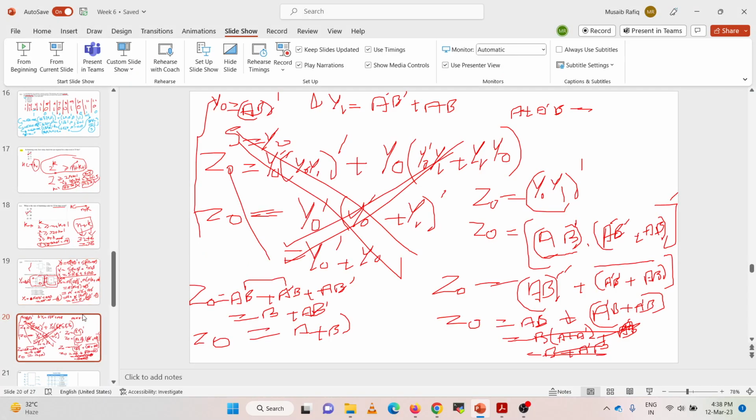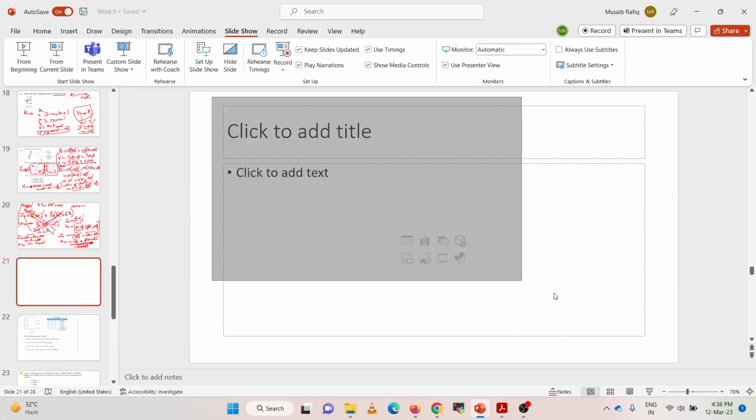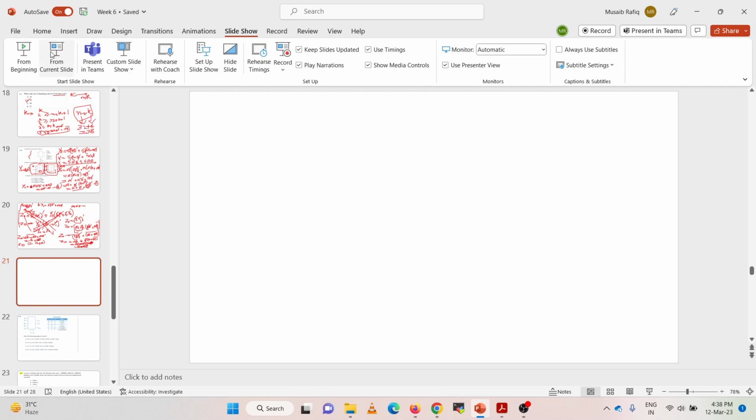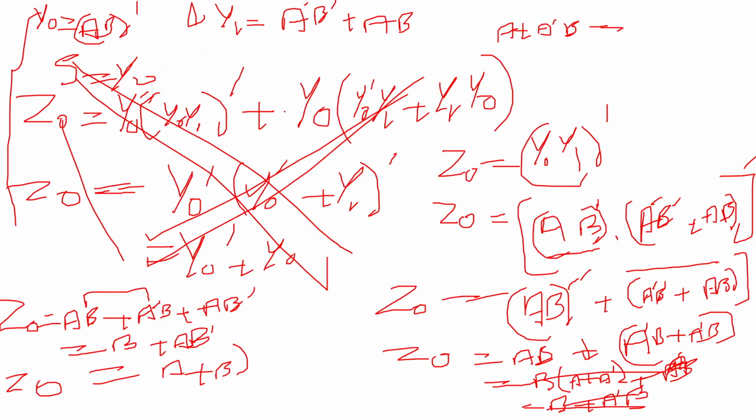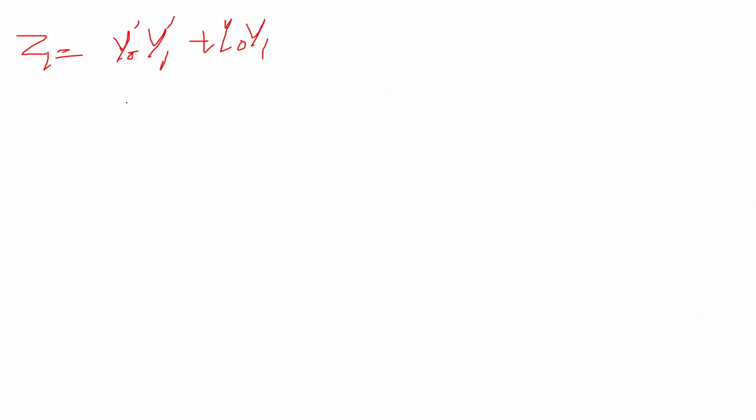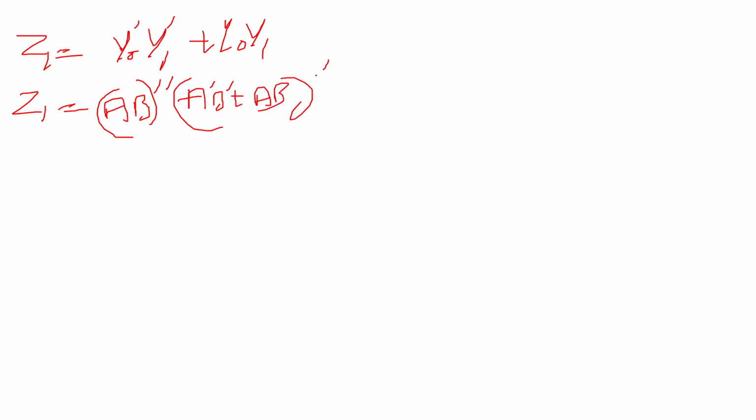Now we need to see what Z1 will be equal to. So now Z1 will be equal to y0 y1 complement plus y0 y1 using this result, and y0 is equal to ab complement, and y1 is equal to ab plus ab complement for y0, and y1 we have a complement b complement plus ab.